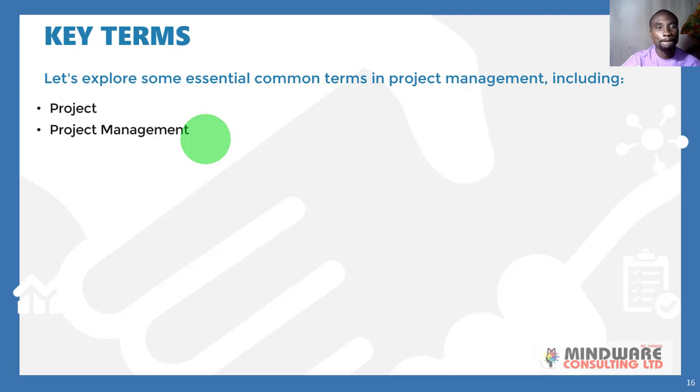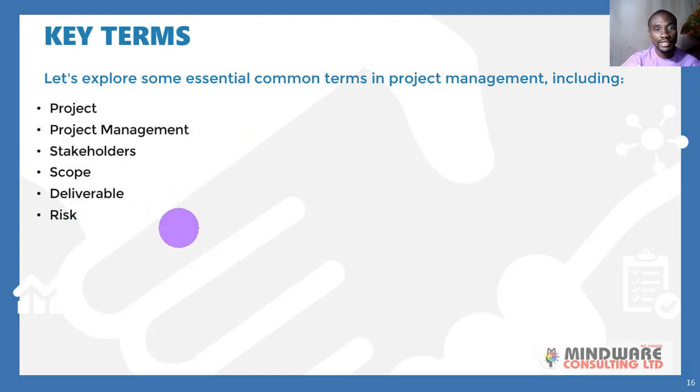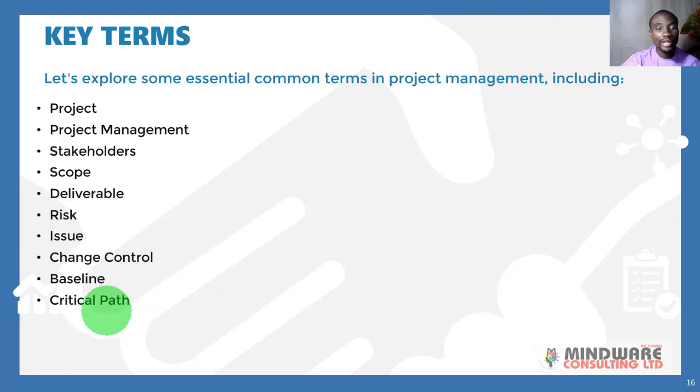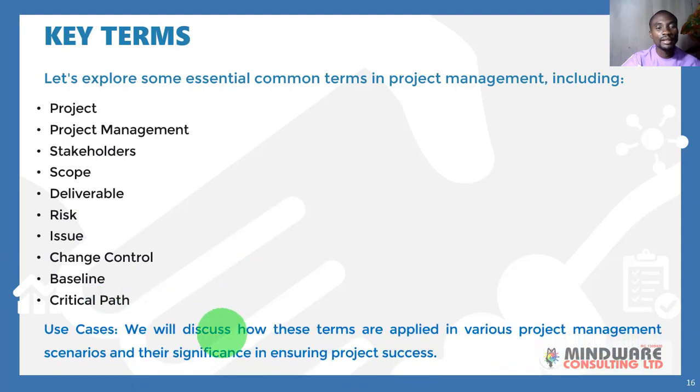We have stakeholders, we have scope and deliverables, we have risk, we have issue, change control, baseline, critical path.